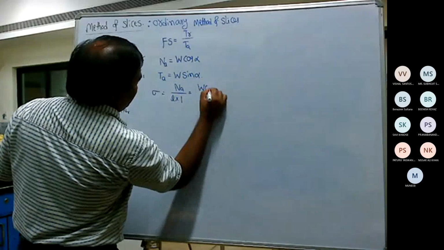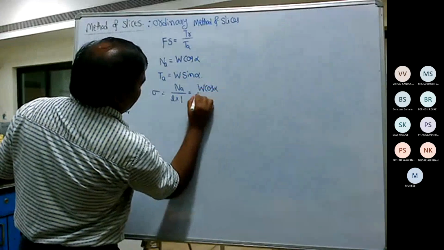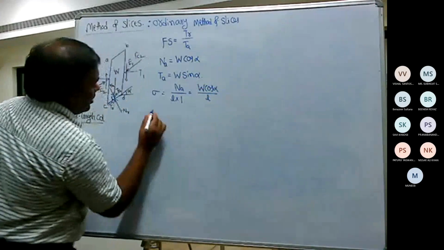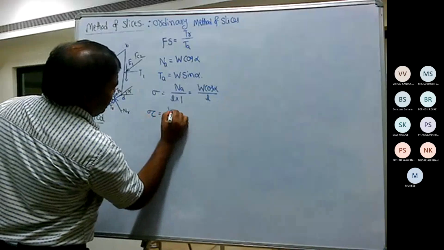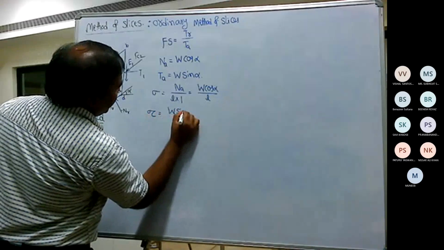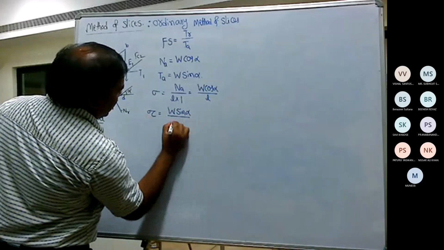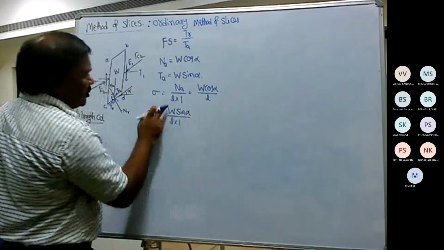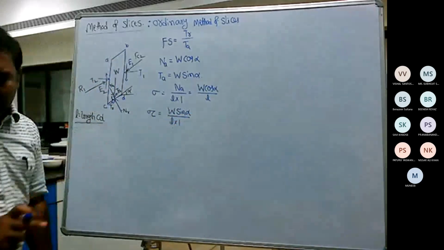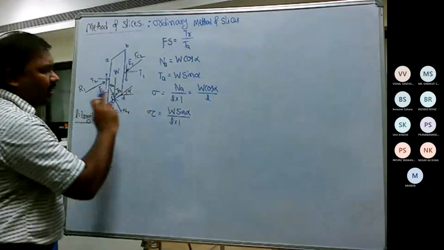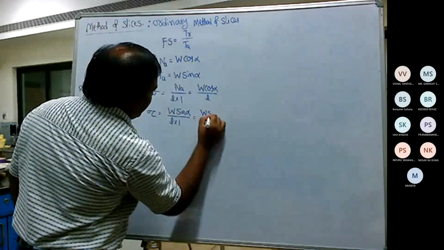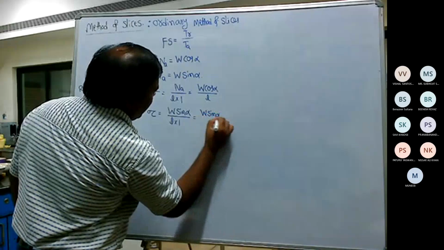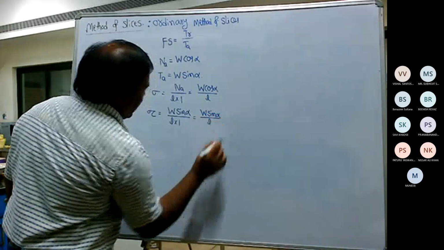So that is W cos alpha divided by L. Similarly tau, which is W sin alpha divided by L into 1. As I told, L is the inclined length directly. Okay, don't get confused with the previous one. So this can be written as W sin alpha divided by L.